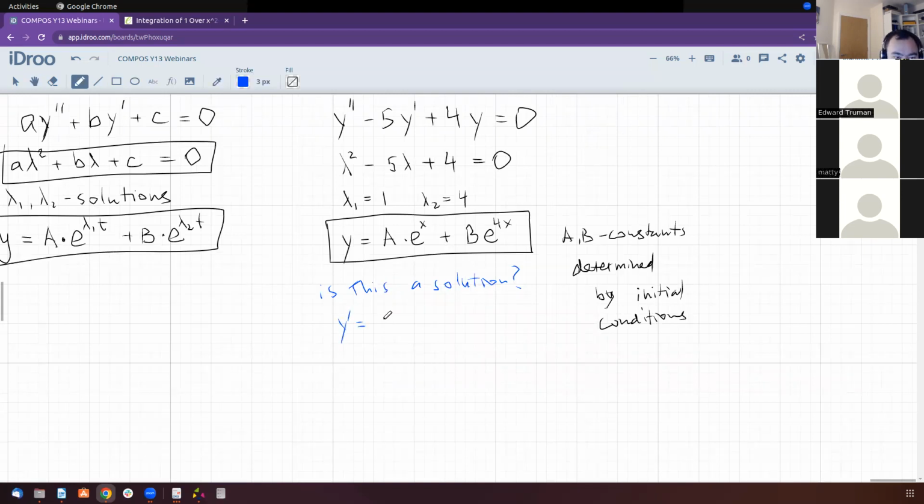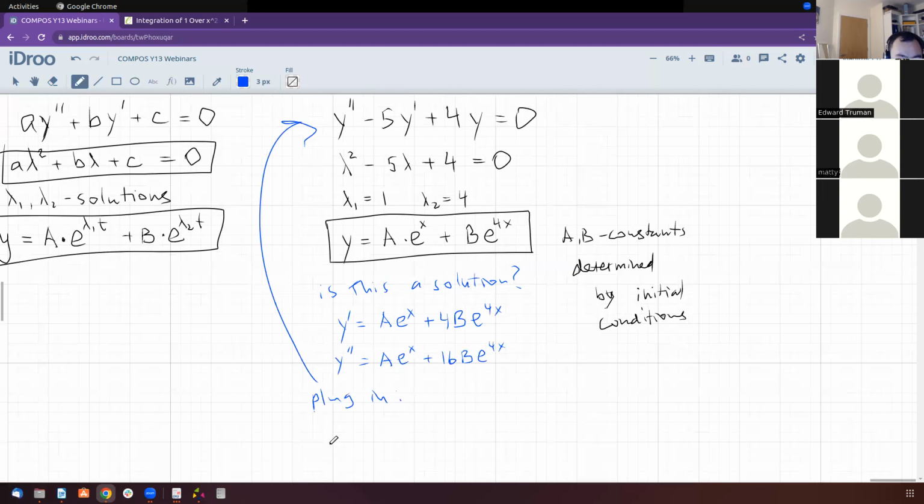It's equal to a e to the x plus 4b e to the 4x. Y double prime is a e to the x plus 16b e to the 4x. We plug that into the original equation.